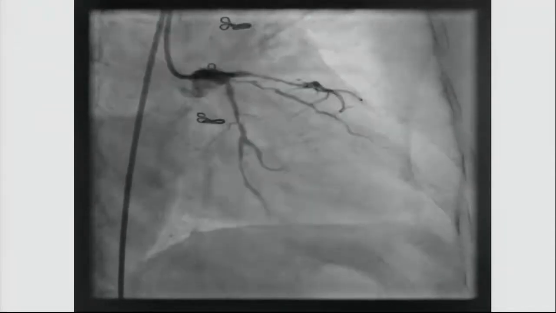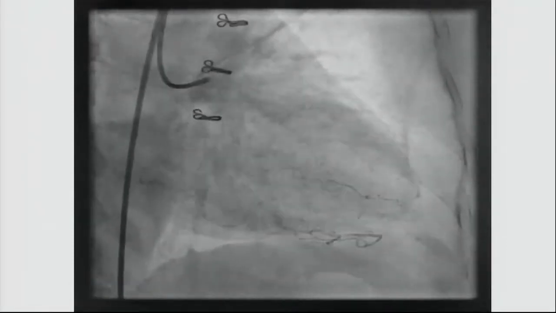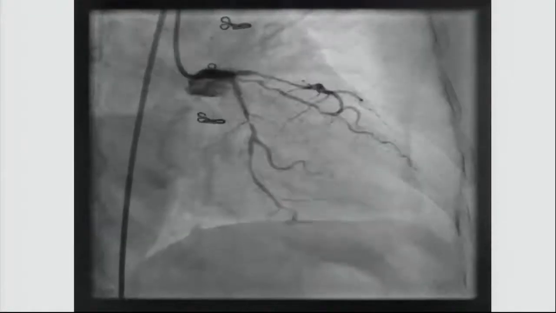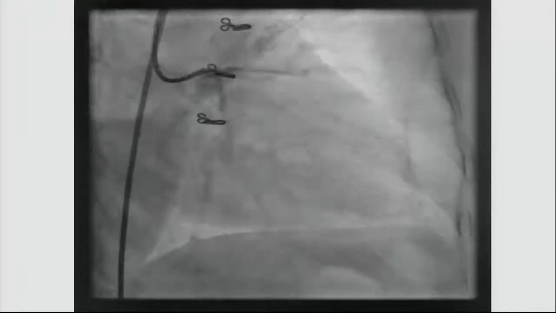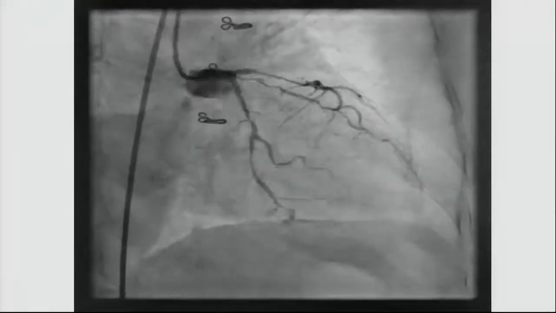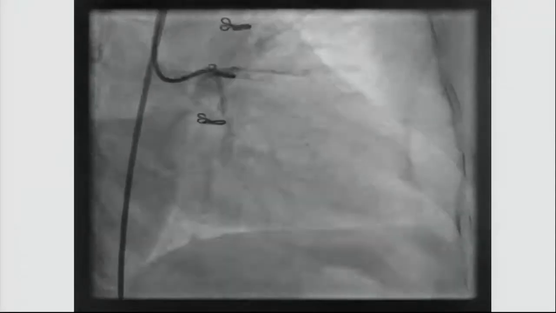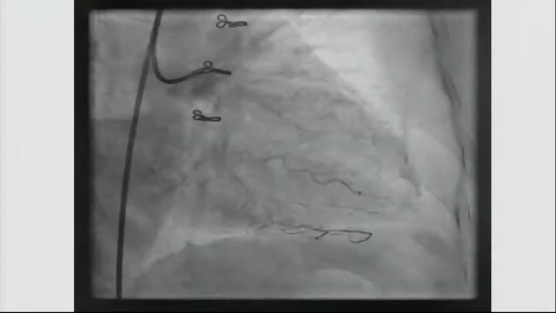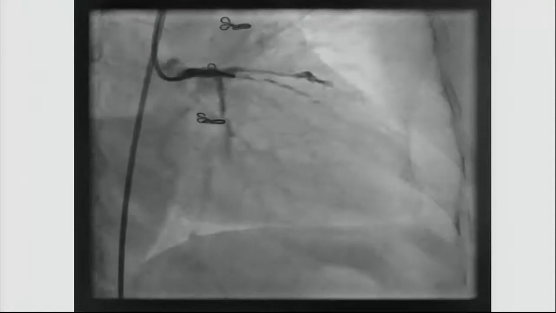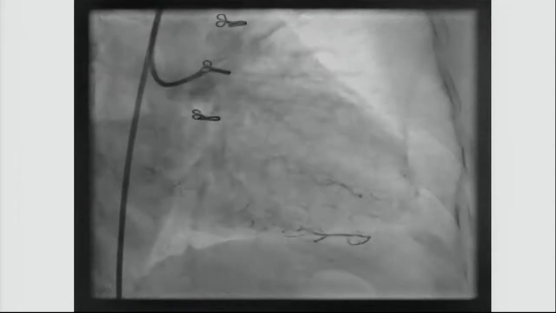So are you seeing the angio? Yes. Have you seen the left shots? Yes, there is only one shot which we are seeing repeatedly, which shows the circumflex and this is the RCA.